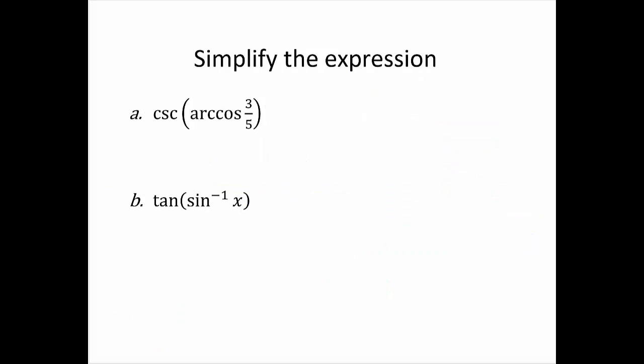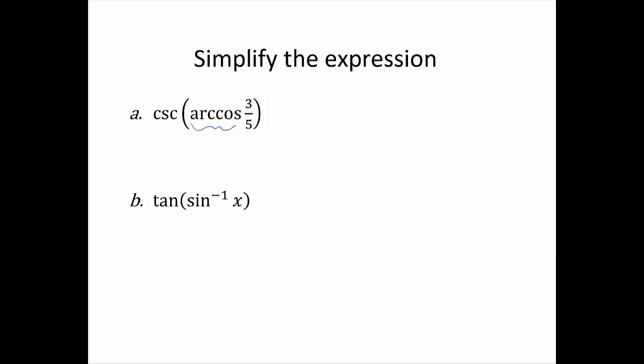Let's look at a couple more expressions. Here we're asked to evaluate the cosecant of the arc cosine of 3/5. Now this one's not as simple. The cosine and arc cosine aren't inverses of each other, so we have to work a little bit differently. So here's what I'm going to say.